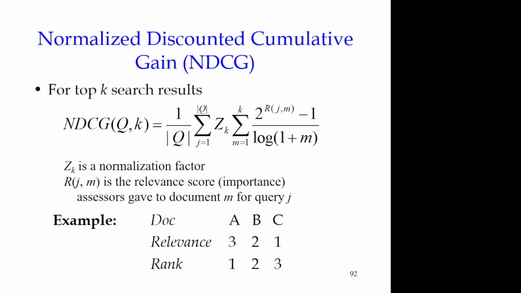For document B, its importance is 2, and it is at the second place.